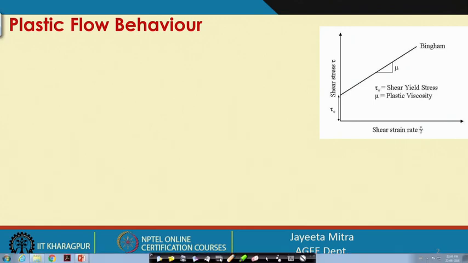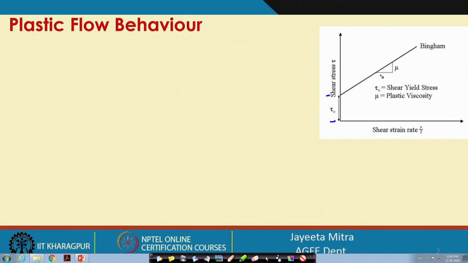What is plastic flow behavior? Some kind of material will need some initial stress value before they flow. So, the initial stress, that is tau 0, is required to cause flow in this kind of material, but when they start flowing they will follow a linear pattern.